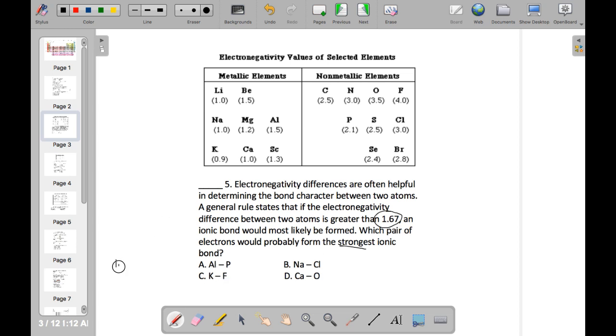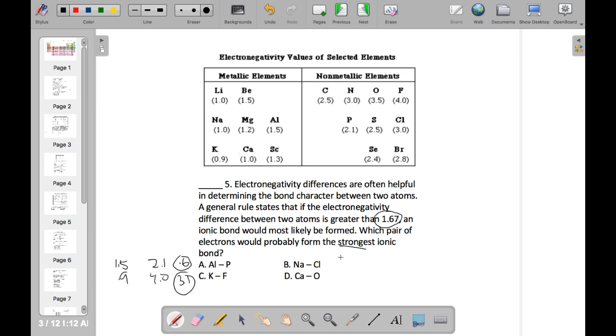Aluminum is 1.5. Phosphorus is 2.1. The difference between these is 0.6. Potassium is 0.9. Fluorine is 4.0. The difference is 3.1.